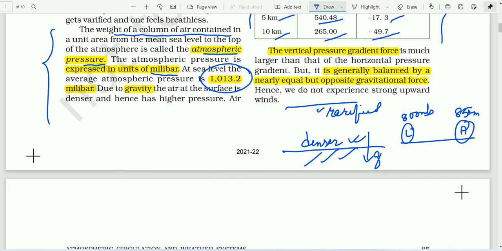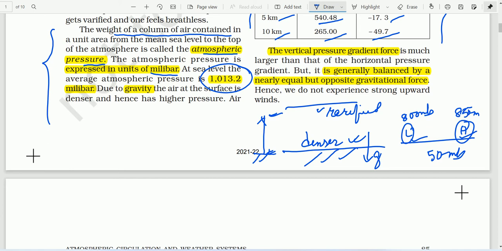So the horizontal pressure gradient, the difference between this area and this area, is only 50 millibar. And the vertical pressure gradient means the pressure difference between the surface and here.